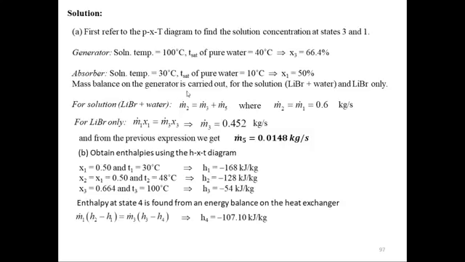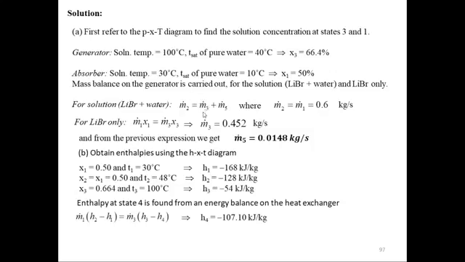Mass balance on the generator is carried out for the solution, lithium bromide plus water, and for lithium bromide only. So we are doing mass balance for the solution and for the salt only. The solution leaving the generator is m dot 3 and m dot 5, and what is coming into the generator is m dot 2.